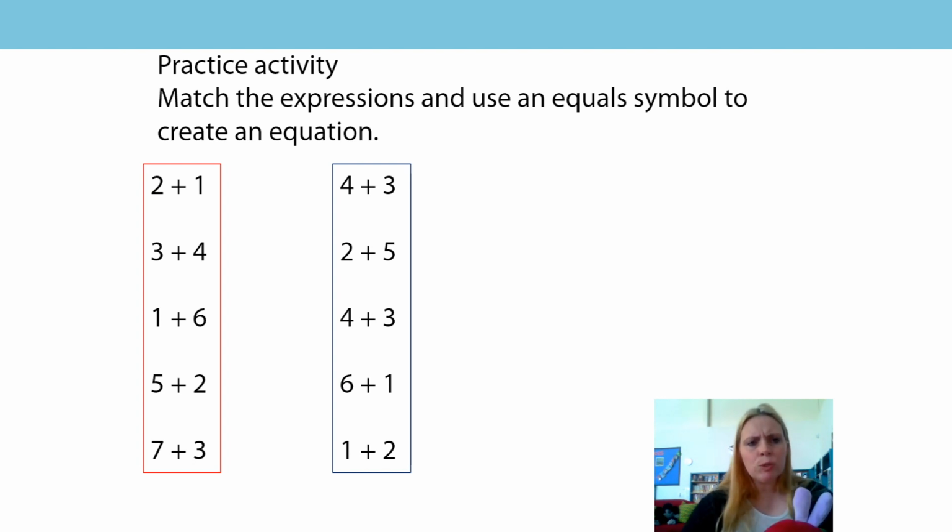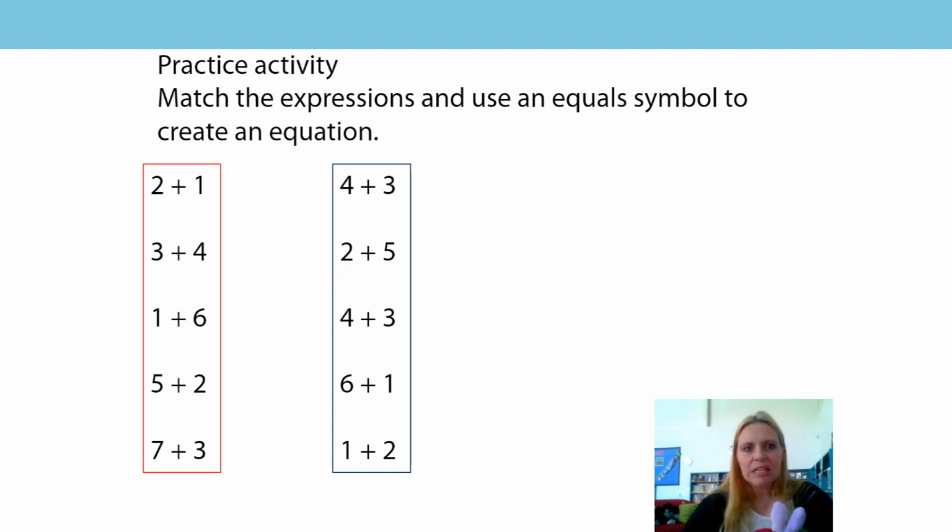Now my first one is 2 plus 1. So I know from everything I've learnt in this lesson that I'm looking for an equation on this side where the addends have changed places. So definitely looking for one with a 2. Yep, no 2 in that one. Oh, a 2 in that one.